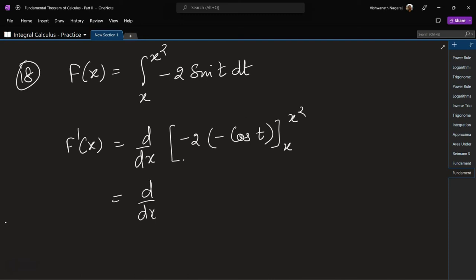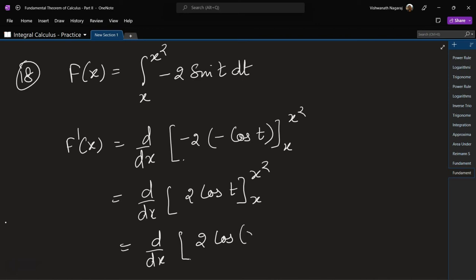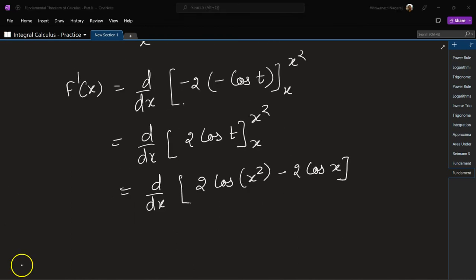This becomes d by dx of 2 cos t from x to x square, which gives us d by dx of 2 cos x square minus 2 cos x. And now differentiate.